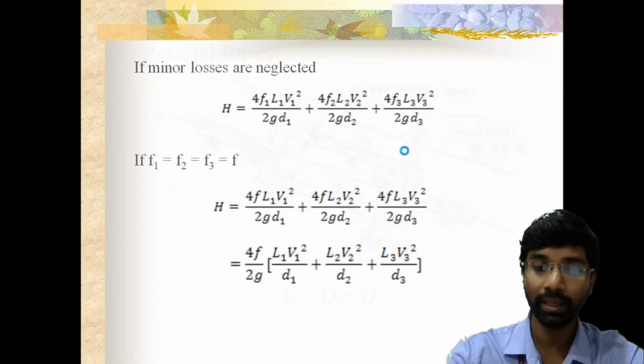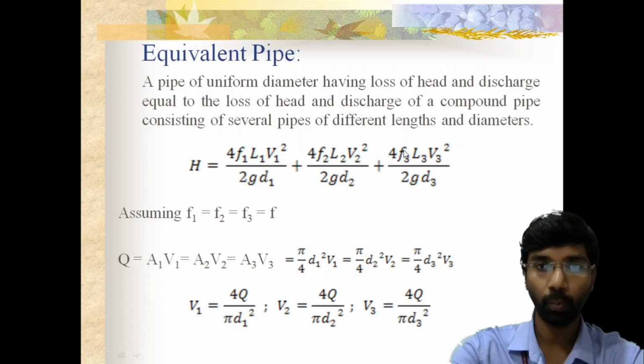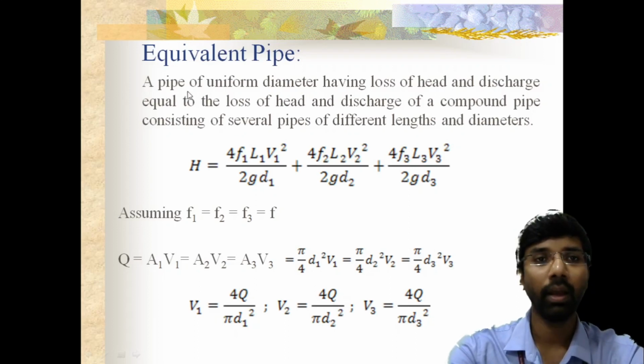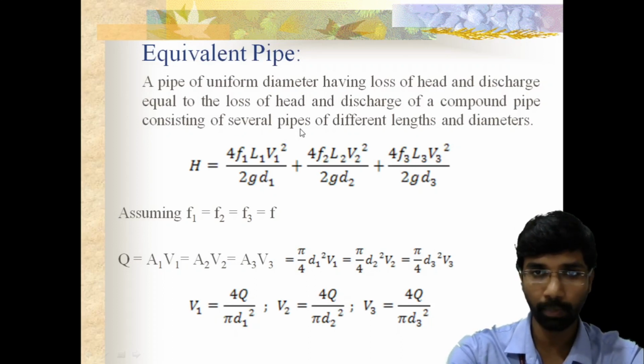If you place a single pipe in place of that compound one, with the same loss of head and same discharge, then it is called an equivalent pipe. It is written here: a pipe of uniform diameter having loss of head and discharge equal to the loss of head and discharge of a compound pipe consisting of several pipes of different lengths and diameters.